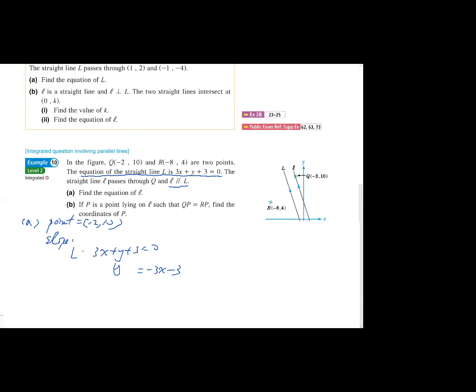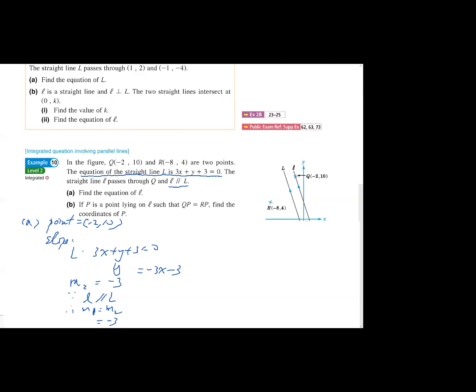Okay, so the slope of L, let me call this m2, is equal to -3, because slope of capital L is not what we really want to find. Okay, what we really want to find is the slope of small l. Okay, and because small l is parallel to capital L, therefore m1 is equal to m2. But m2 has been found to be -3. So m1 is also equal to -3. Okay, so this is how we can find the slope of small l.